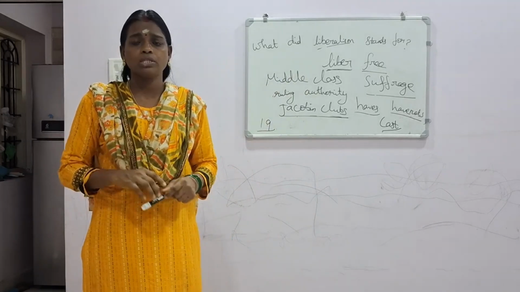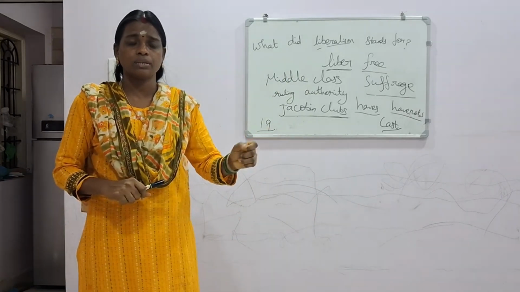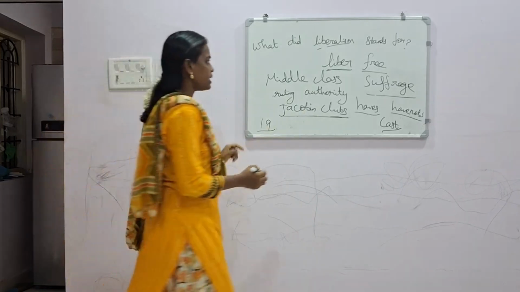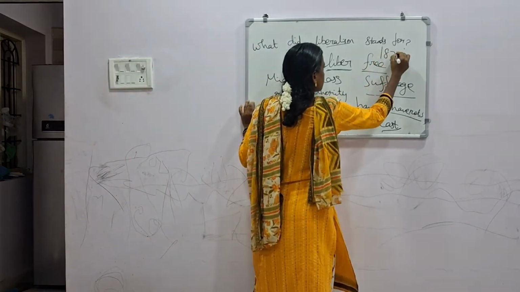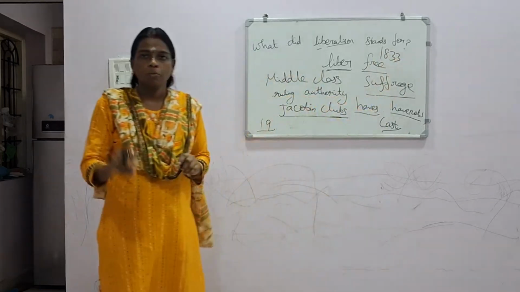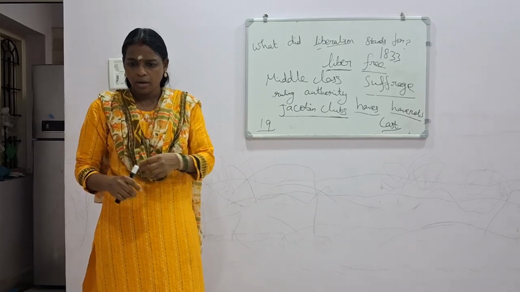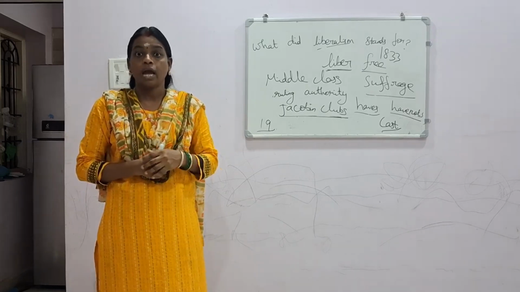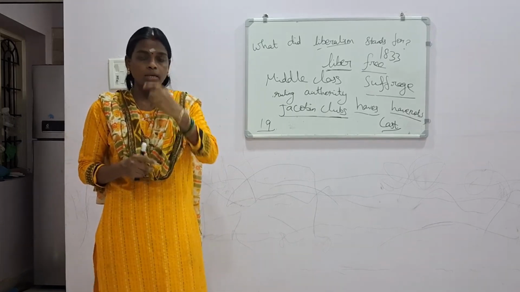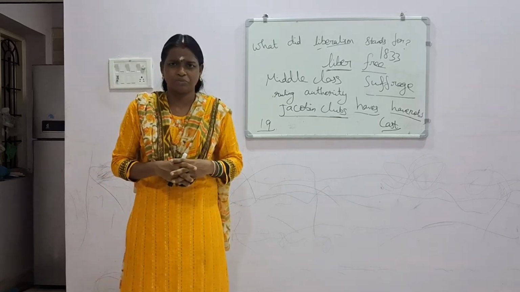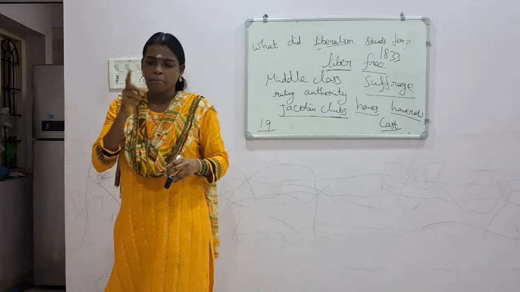One more thing which is given in that point is in 1833. In 1833, one trader visited France, and when he came, he faced many difficulties. Why did he face difficulties?